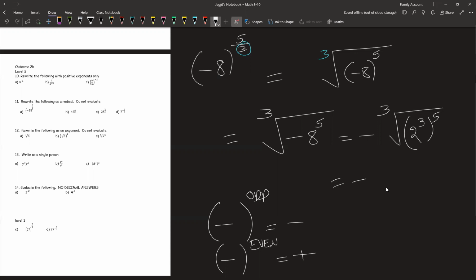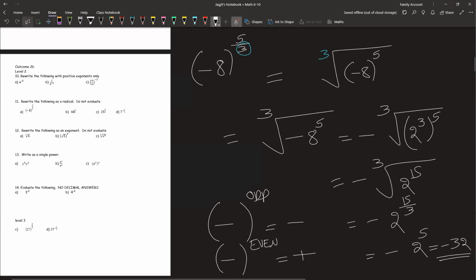So now what you have is minus cube root of 2 to the power 15. 15 can be divided by 3, so it'll come out and it'll become power inside over the root, which is minus 2 to the power 5. 2 to the power 5 is 32. So minus 32. Does that make sense? Take a moment on this one.